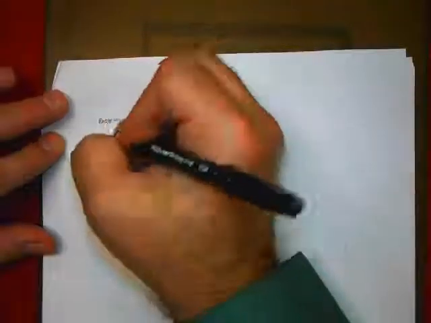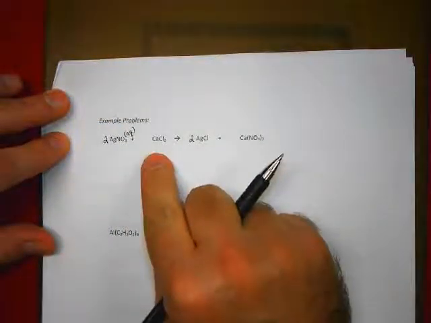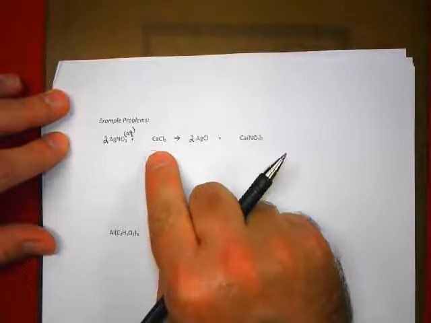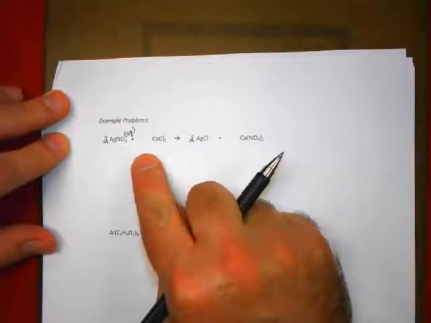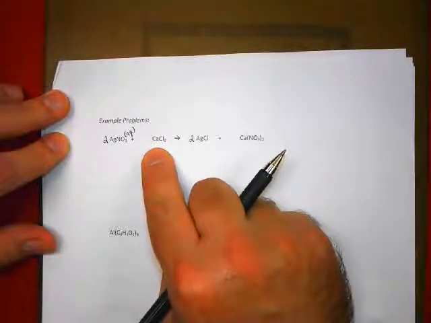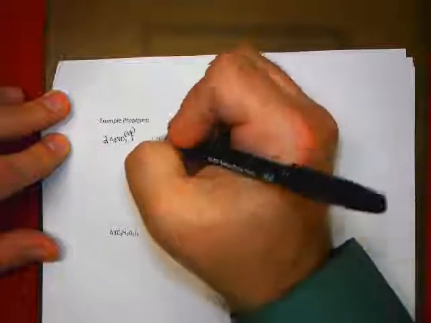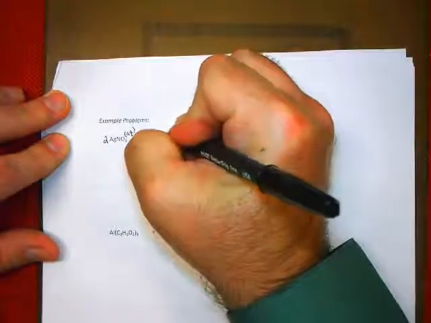So I'm going to just put an AQ right here to tell me that it is soluble. And then I'm going to look at the other substances. Here's calcium chloride. It's not an acid, it's not a base. We have a cation and an anion, so it is a salt. So we look on our solubility table and we see that it is also aqueous. So I'm going to put an AQ right there.